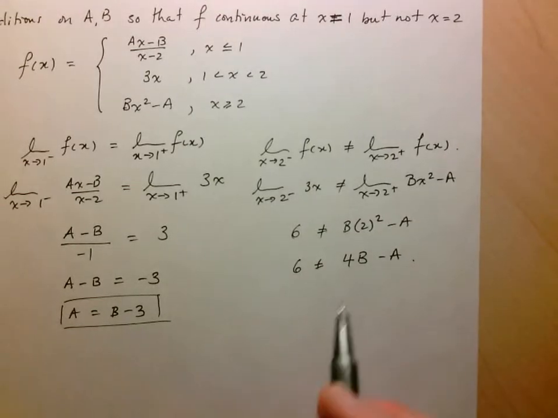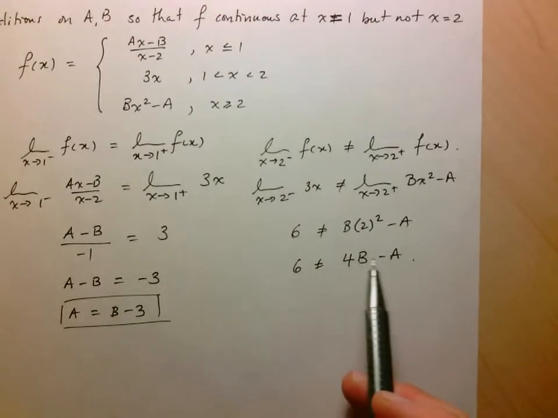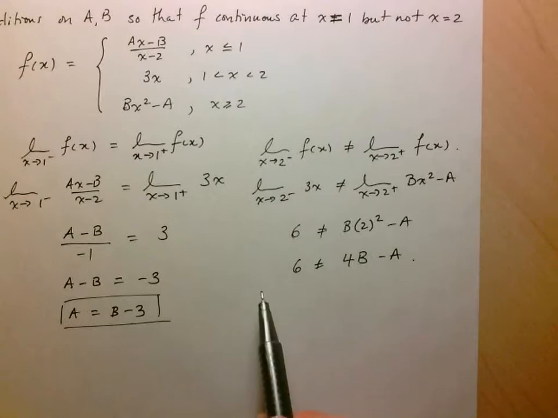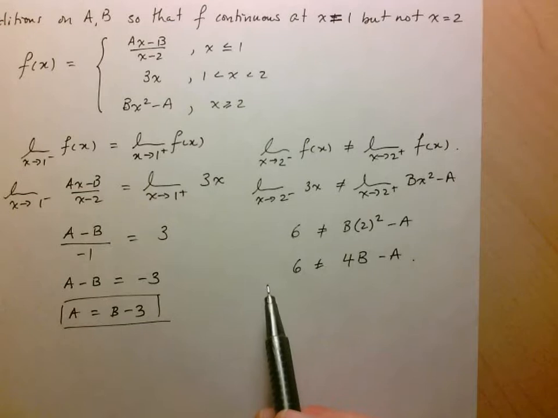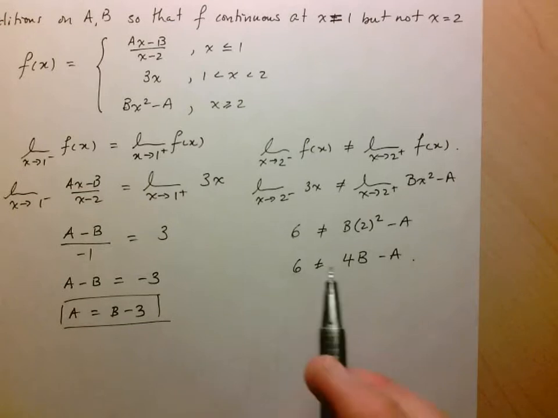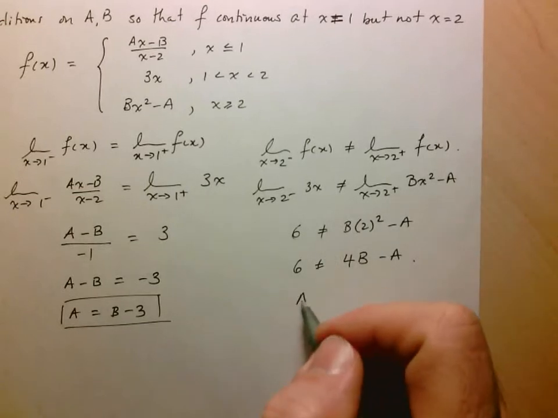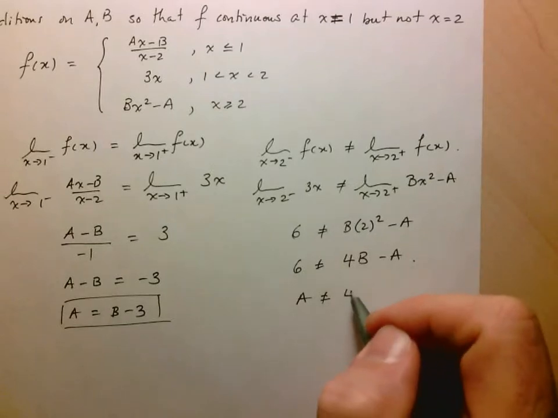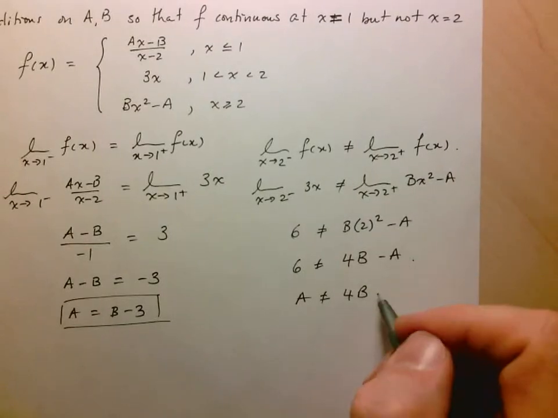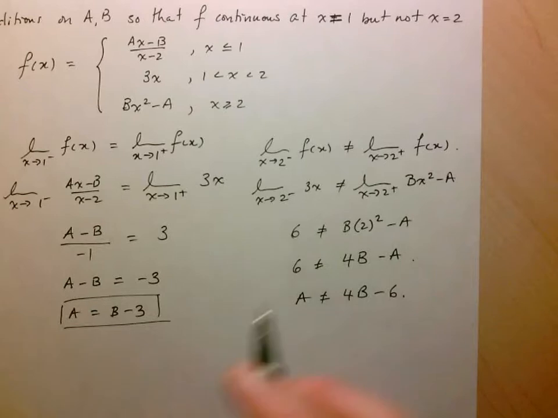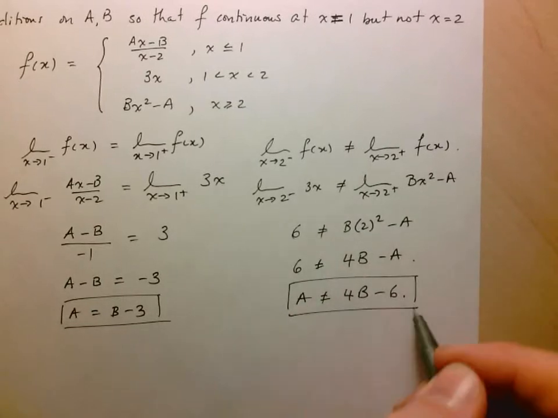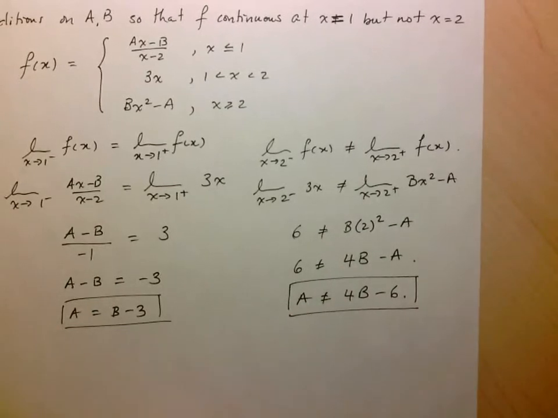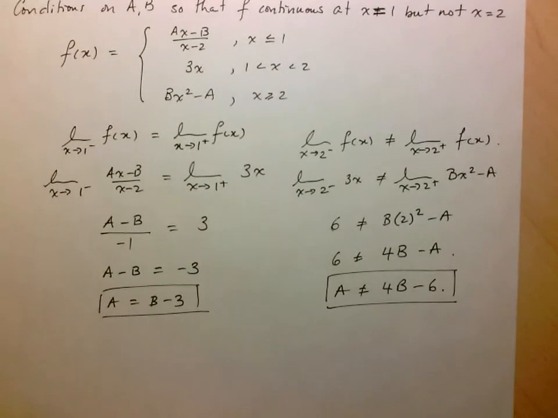So these are the conditions on a and b in order to satisfy the second condition. Here we can write this as a cannot be equal to 4b minus 6.